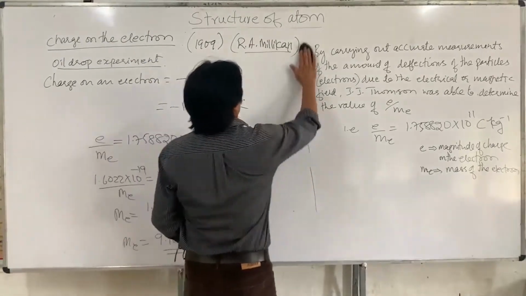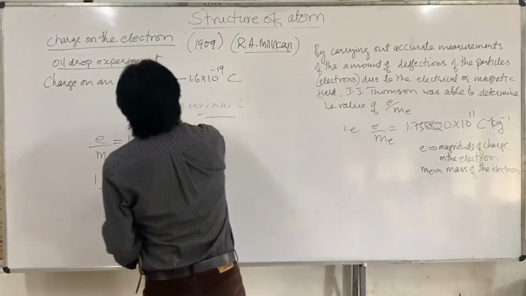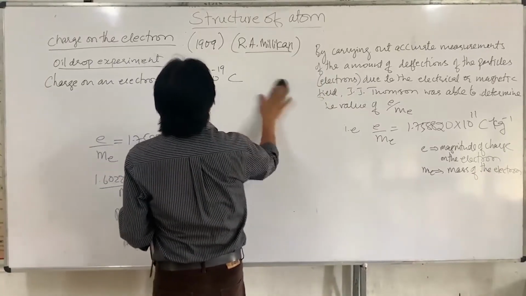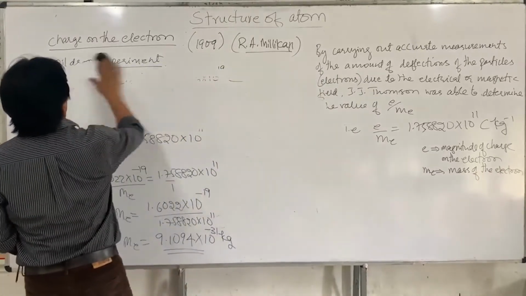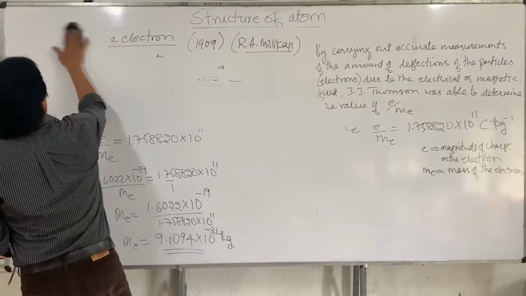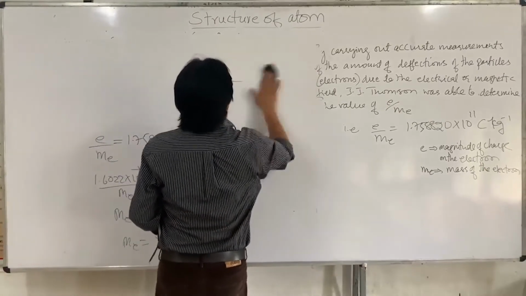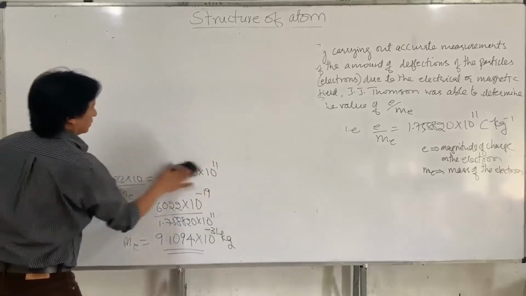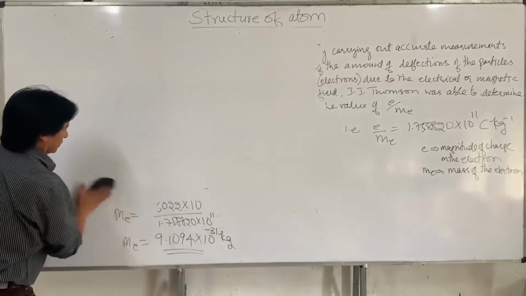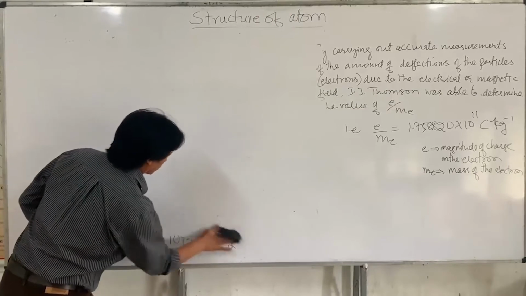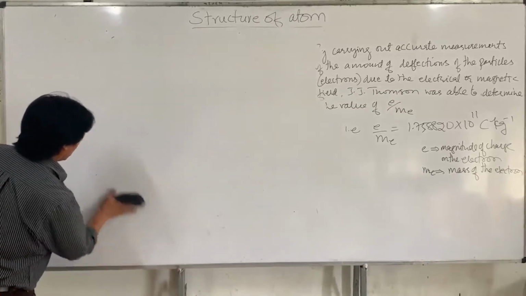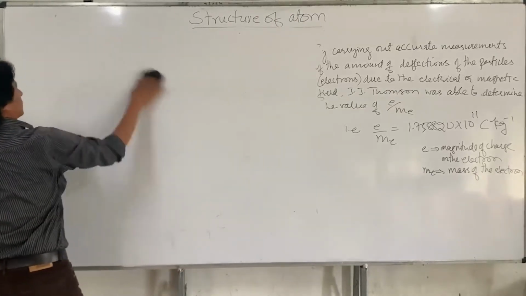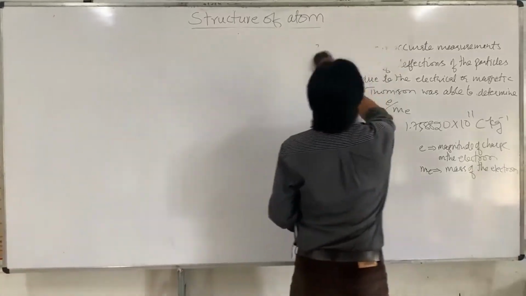In the discovery of protons, the cathode ray discharge tube was modified, and using this modified cathode ray discharge tube, they discovered the protons. Protons are positively charged particles.